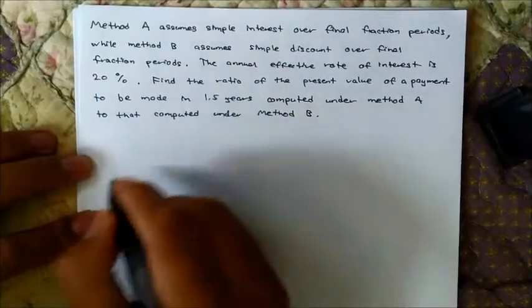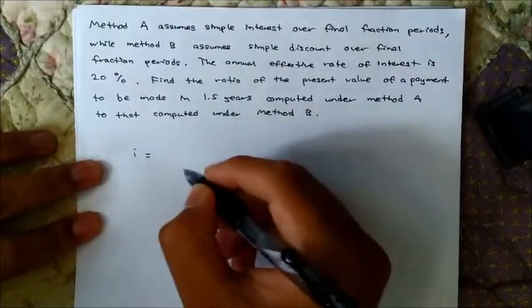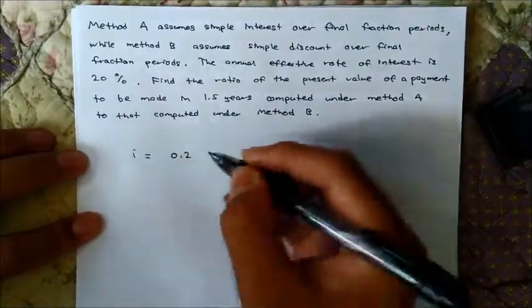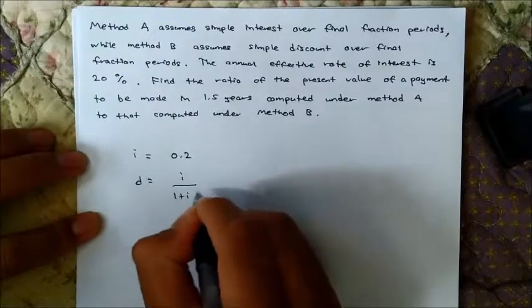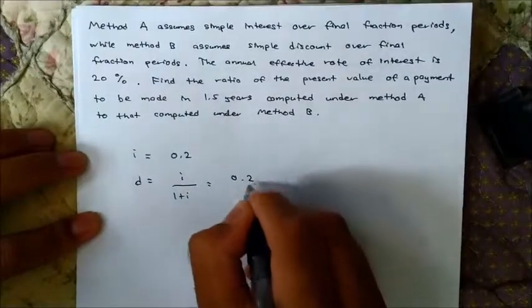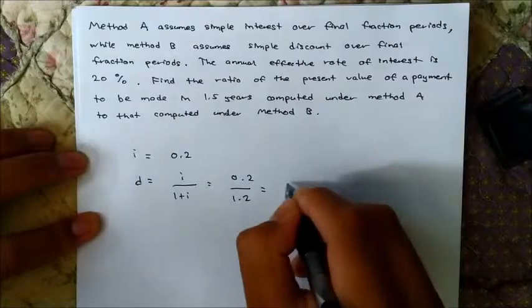So firstly, using the given i, which is equal to 0.2, d is equal to i over 1 plus i, which is equivalent to 1 over 6.